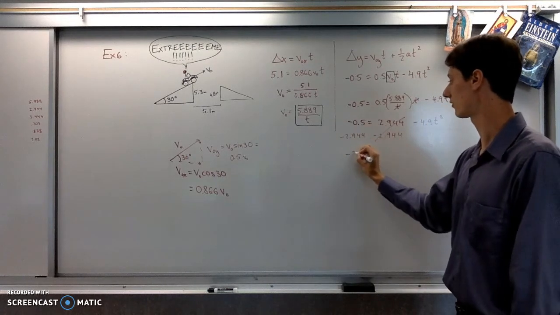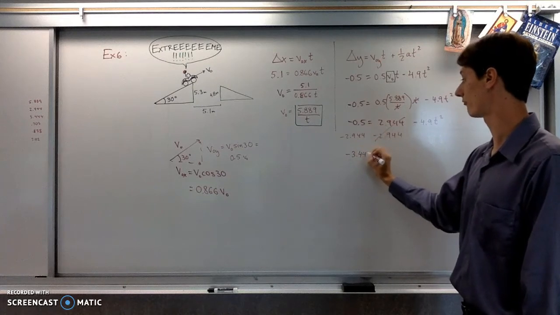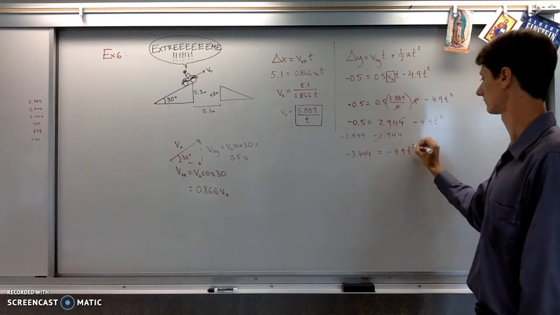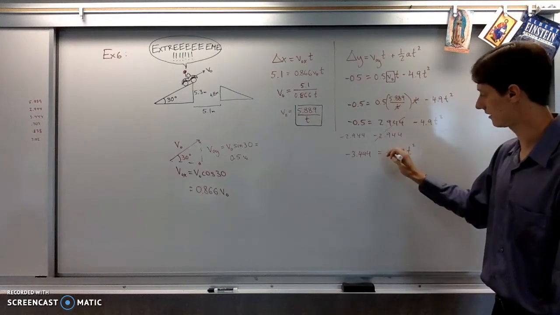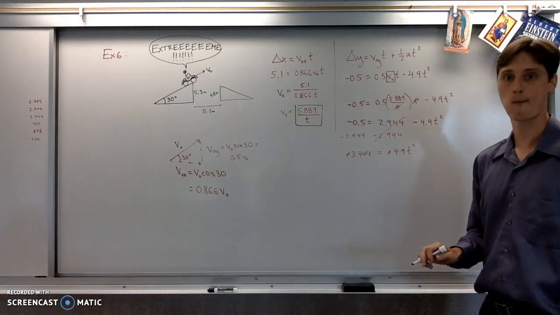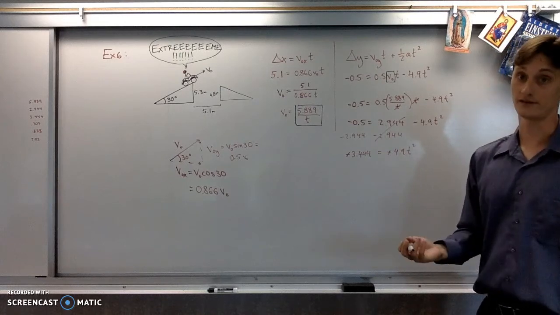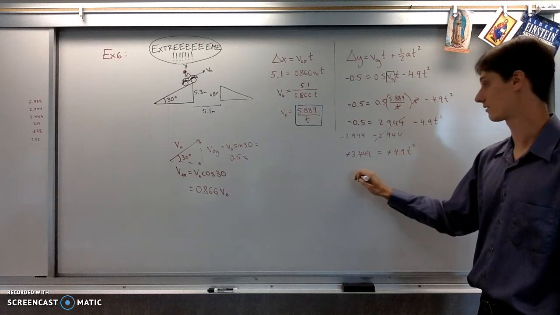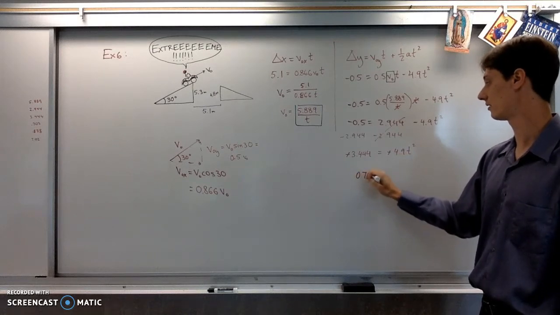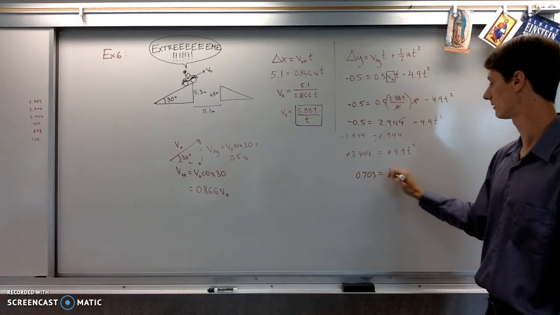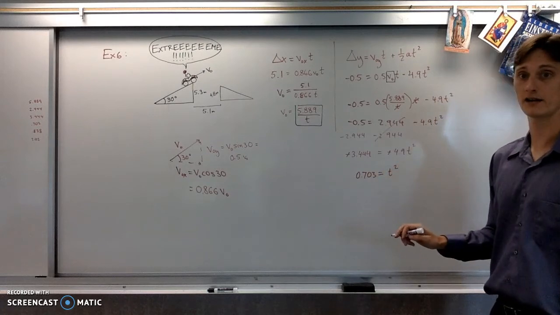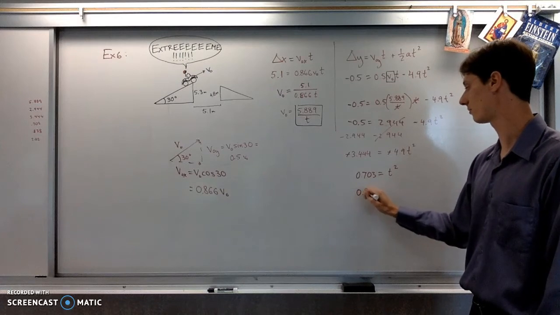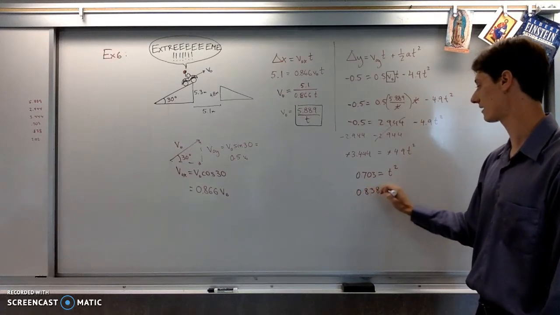This will now be negative 3.444, which is an awesome number. Negative signs cancel. We divide both sides by 4.9, which gives us 0.703 equals t squared. A square root later, we get that the time is 0.838 seconds.